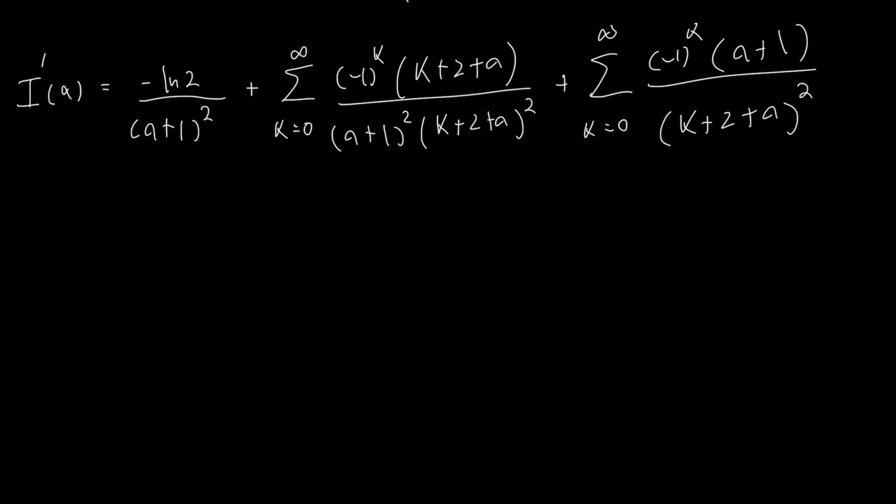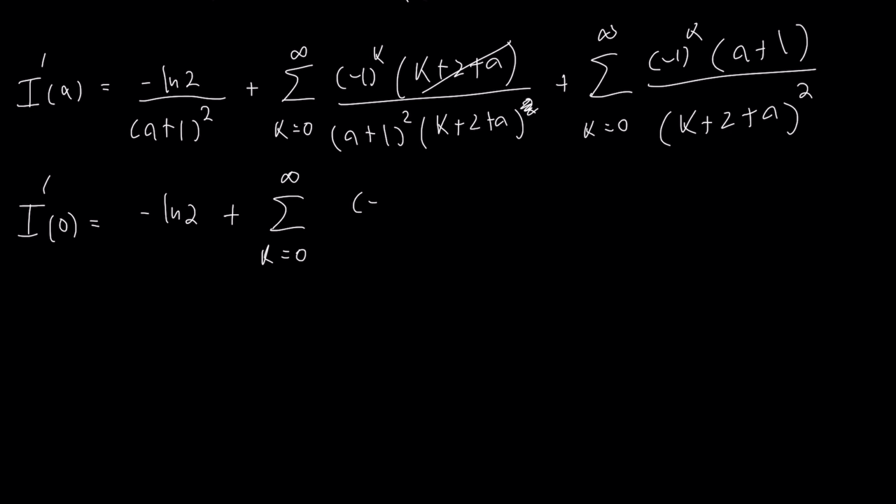And now all that's left to do is to plug in 0. So I prime of 0 will be -log 2, and 0 plus 1 squared will be 1, so we have plus the sum from 0 to infinity. And notice that this one will cancel with this one.